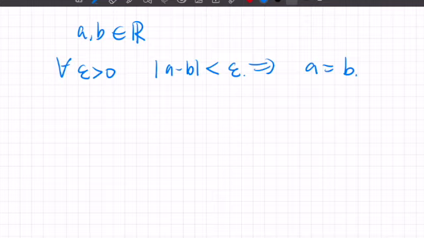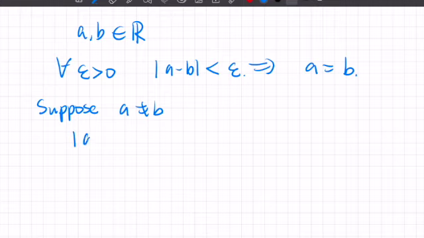We prove this by contradiction. Suppose A is not B, then there should be a contradiction. This means |A minus B|, its modulus, is a positive real number.